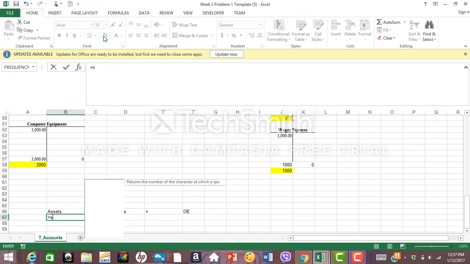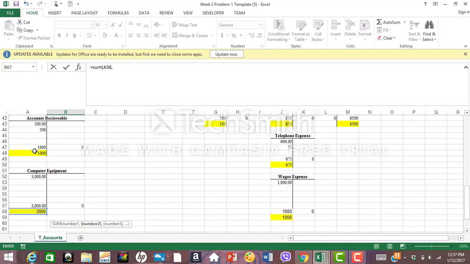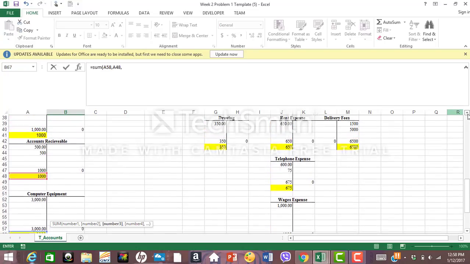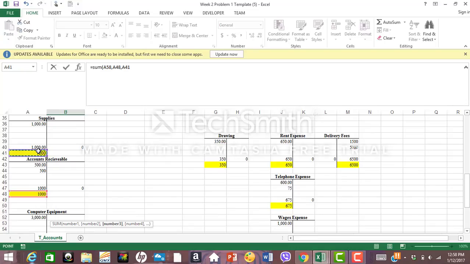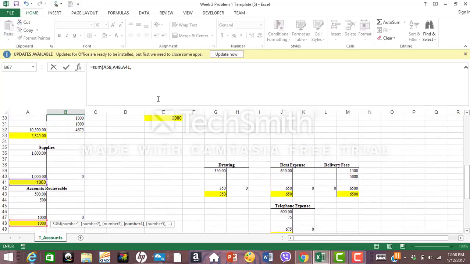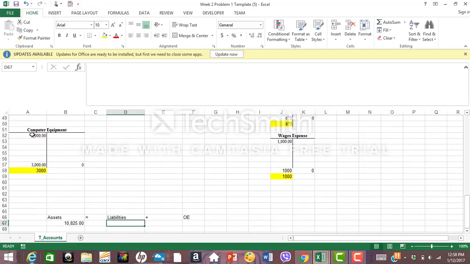Our assets is basically the sum of all these yellow lines, the balances of each account under assets, this one right here, and then this one right here, and then this one right here. So our balance is 8,825.